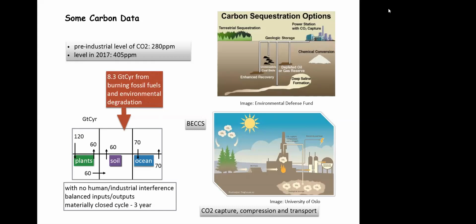The bottom diagram shows the system that they are calling BECCS, which stands for Biofuel Energy with Carbon Capture and Storage. So in this, they are recognizing that the trees on the left-hand side there are drawing down carbon dioxide as they grow.